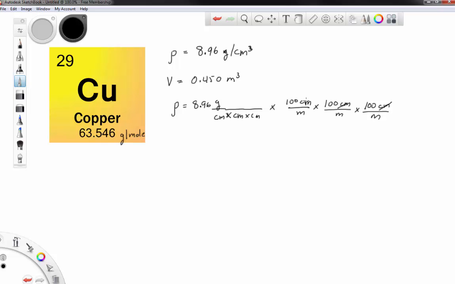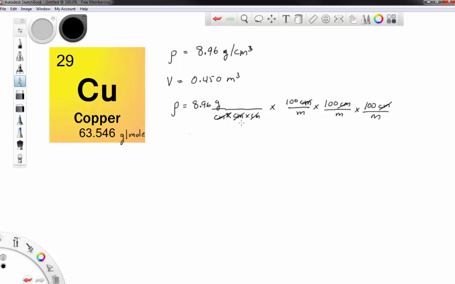So centimeters, centimeters, centimeters gets rid of centimeters, centimeters, and centimeters. So we need to do 8.96 times 100 times 100 times 100. You can do this quickly with scientific notation because 100 is 10 squared, and so we have 10 squared cubed, so that's 10 to the 2 times 3, or 10 to the 6th power.